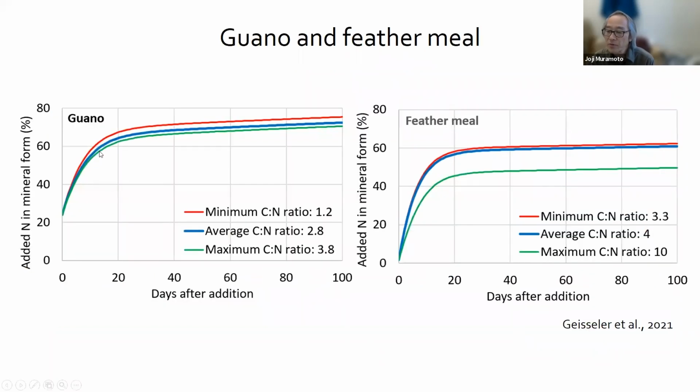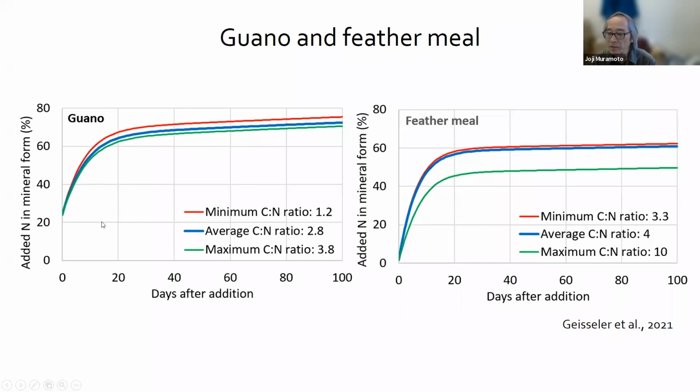And this is an example for guano. Multiple samples were collected, but the guano release curve is not so variable. It has more than 20% available nitrogen to begin with. That's why it works quickly, almost like chemical fertilizers, and releases nitrogen fast.